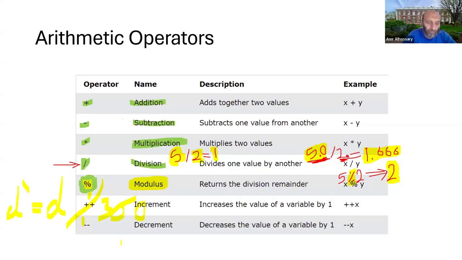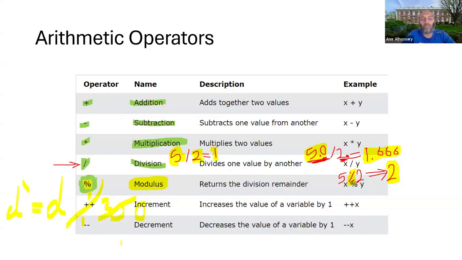Everybody's following? So 360 modulus 360 is 0. 361 modulus 360 is only 1. So far so good? Yes. Okay. That teaches us what modulus is.